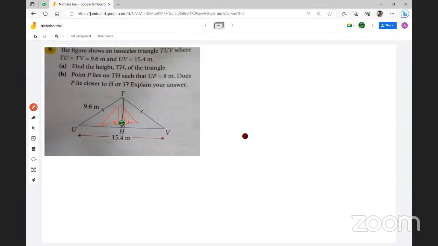Yes, that's what the question asked. Okay, what's your reason to divide it by 2? Because that is an isosceles, so it'll be the same thing. For secondary 2 is fine. Thank you. All right, then what do you do?